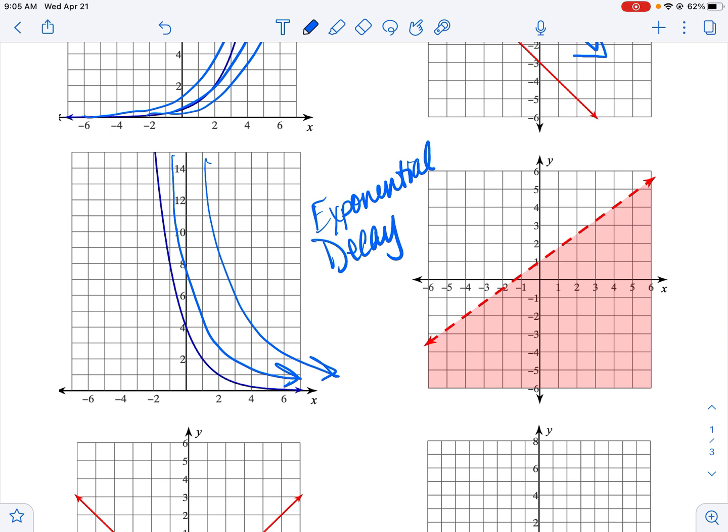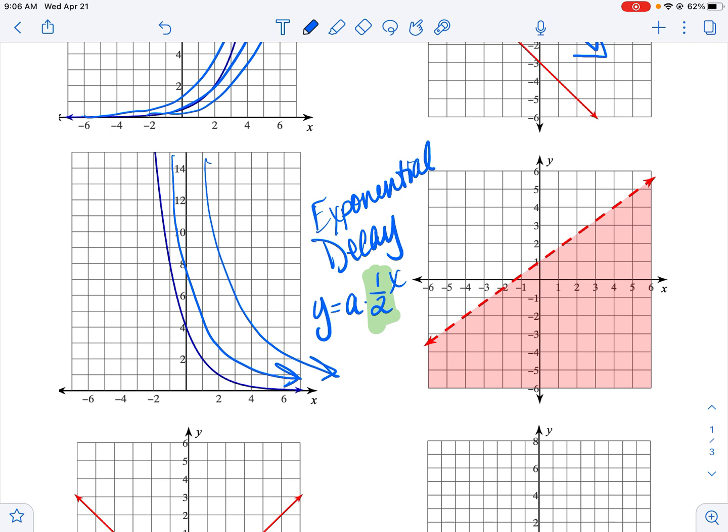So we have about half the population each time. So the equation for this is going to be y equals a times 1/2 to the x. And this is because we're doing half of the original data. That is how the decay is being illustrated.